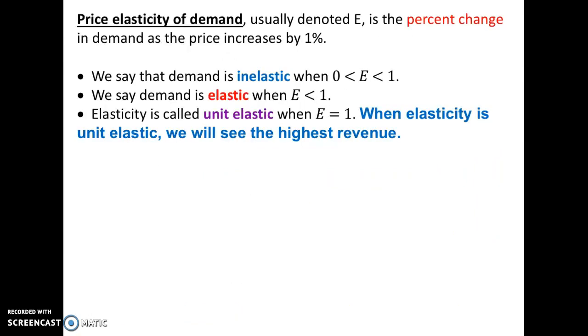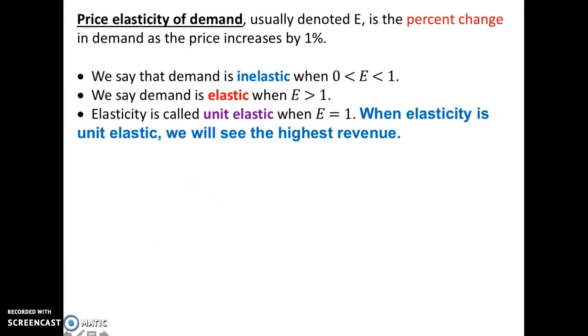So the price elasticity of demand is always denoted by E. It is the percent of change in the demand as the price increases by 1%. So we say that demand is inelastic when E is between 0 and 1. We say the demand is elastic when E is less than 1. Whoop, that's not true. That is greater than 1.